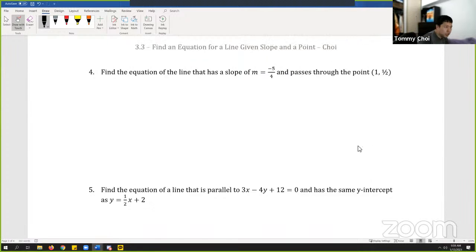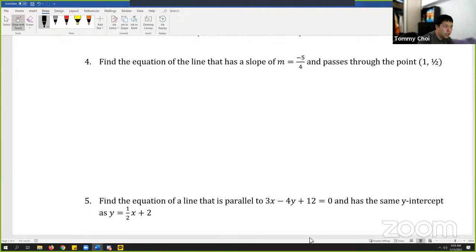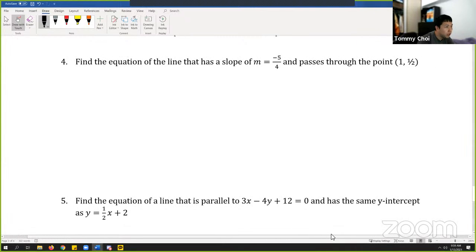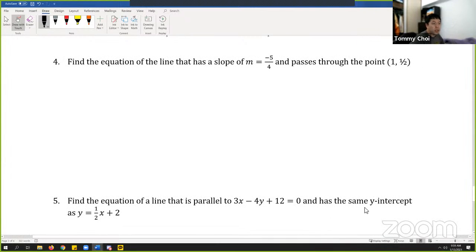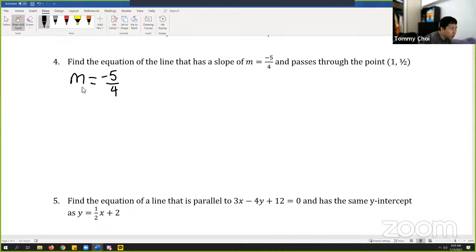Question number 4, it says, find the equation of the line that has the slope m is equal to -5/4 and passes through (1, 1/2). Same idea. m is equal to -5/4. We're going to plug that into our y equals mx plus b. Then we're going to sub in our point.